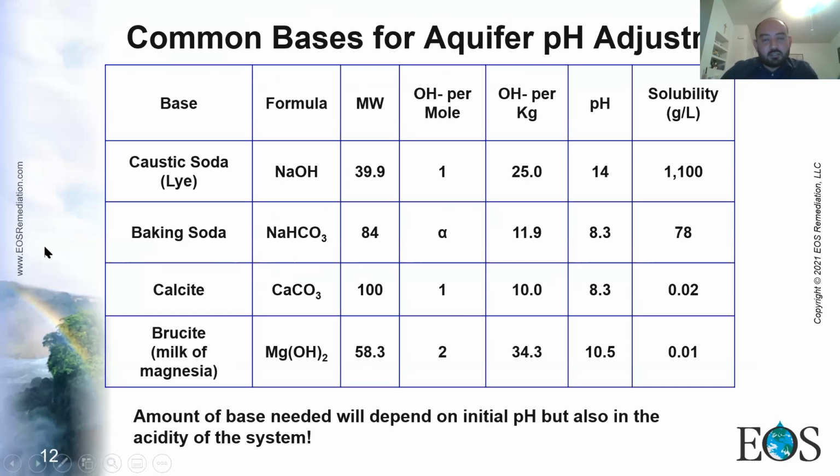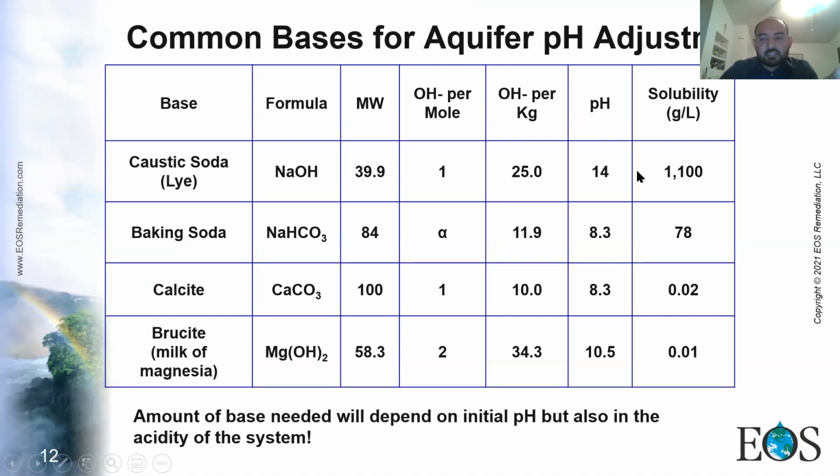We can add either a base or a buffer to adjust the pH. Here I'm showing you some of the most commonly used bases. All of them have their own advantages and disadvantages. For example, sodium hydroxide is quite soluble, and you can say that it's quite cheap to obtain.